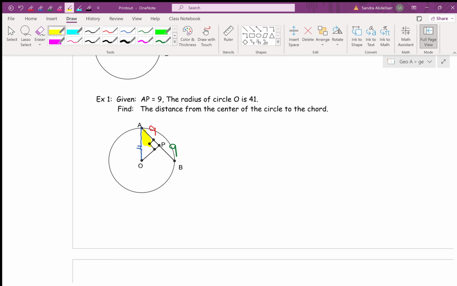I'm using APO. They told us the radius is 41, so I'm going to label a 41 here. This is a triple that I hope you didn't forget. 9 something 41. Ethan? 40. So find the distance from the center to the chord. The distance from the center to the chord is 40 units.